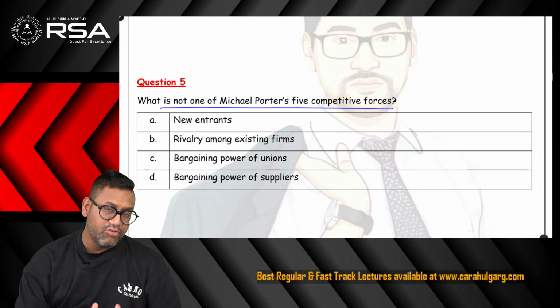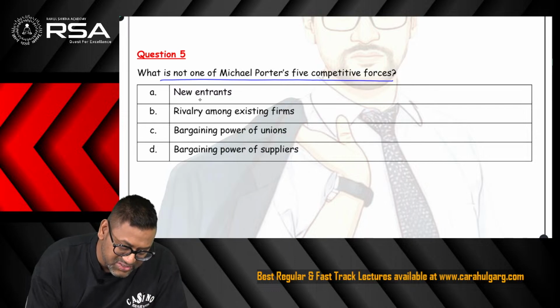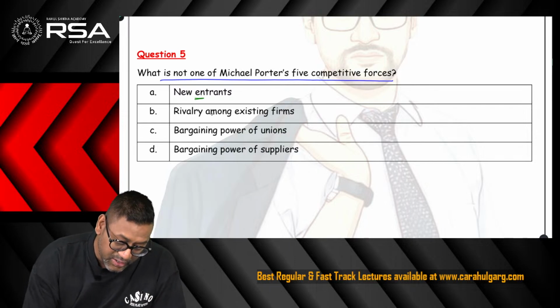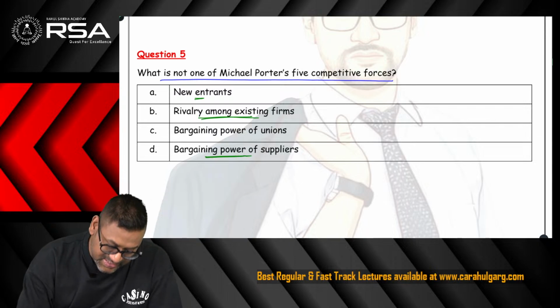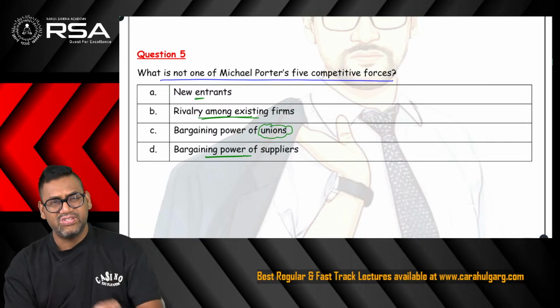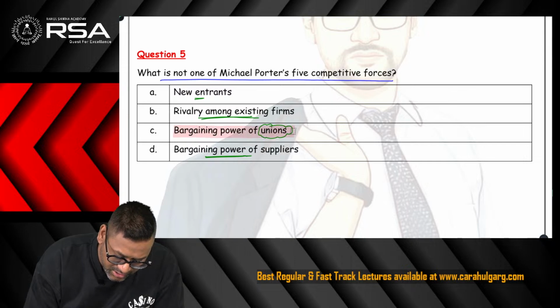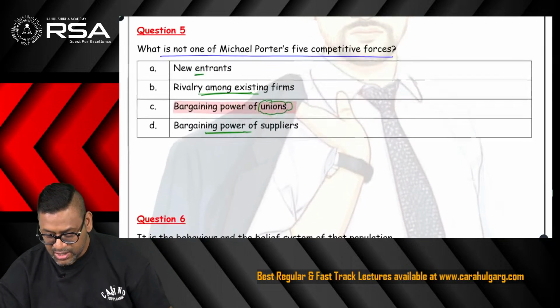Out of these 4 we have to find the odd one. New entrants, is it one of the 5 forces? Yes. Rivalry means competition. Yes. Bargaining power of suppliers? Yes. So what is not? Bargaining power of unions? No. This is not a competitive pressure as suggested by Michael Porter. So this is the correct option.